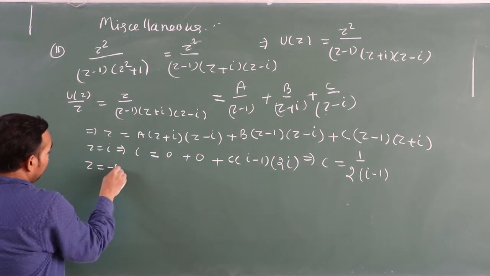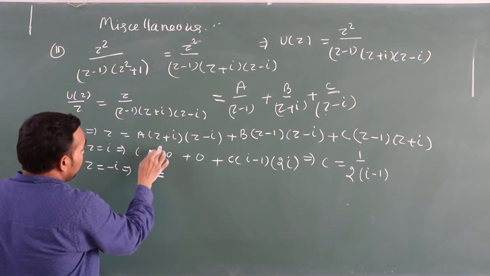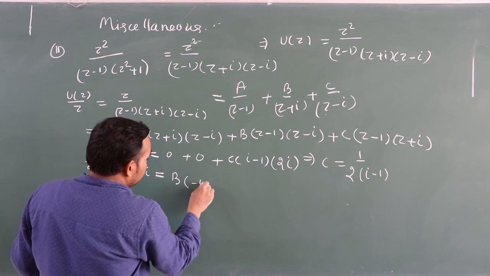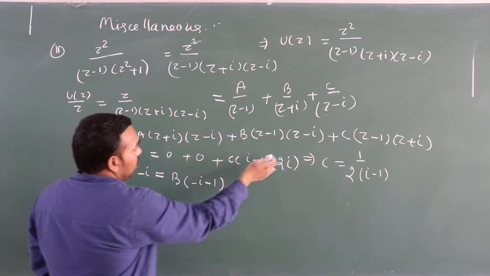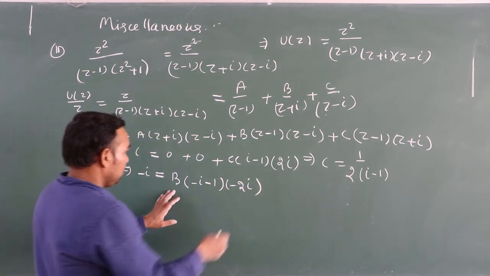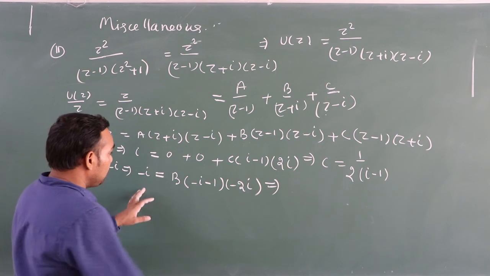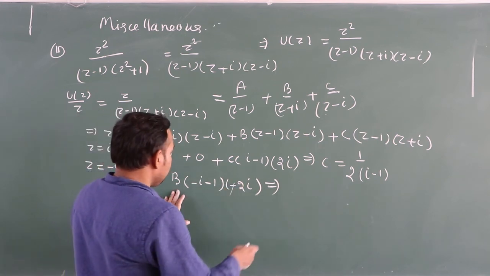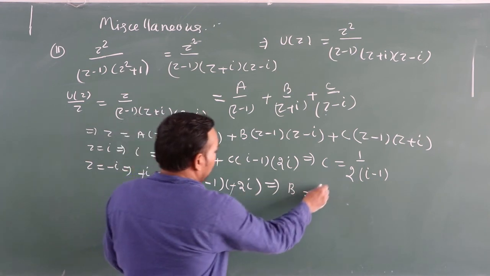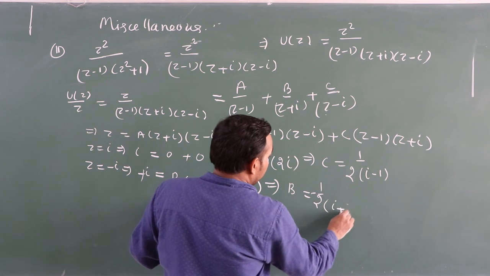Again write z equal to minus i, which implies minus i equals B times (minus i minus 1) times (minus 2i), and the other terms go to 0. The minuses cancel out, the i's cancel, so B equals minus 1 upon 2(i plus 1).